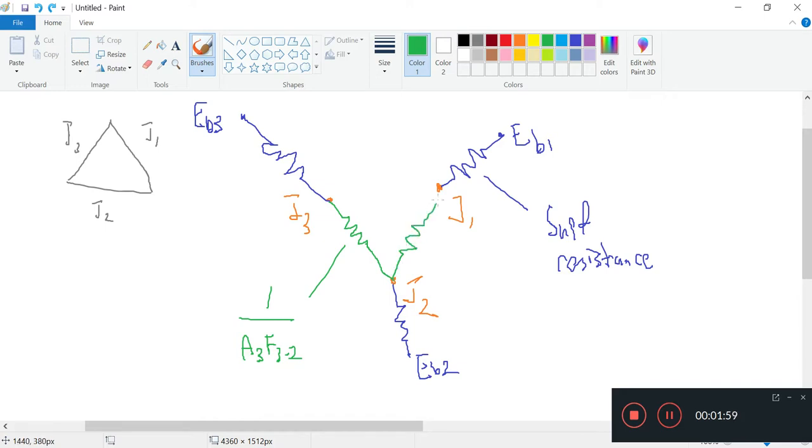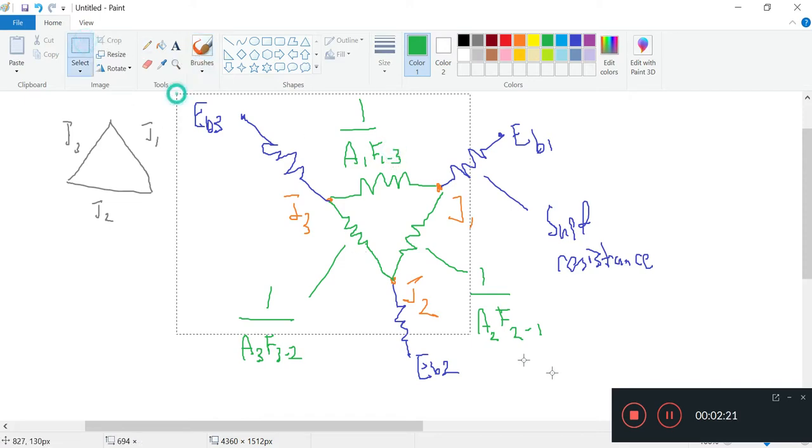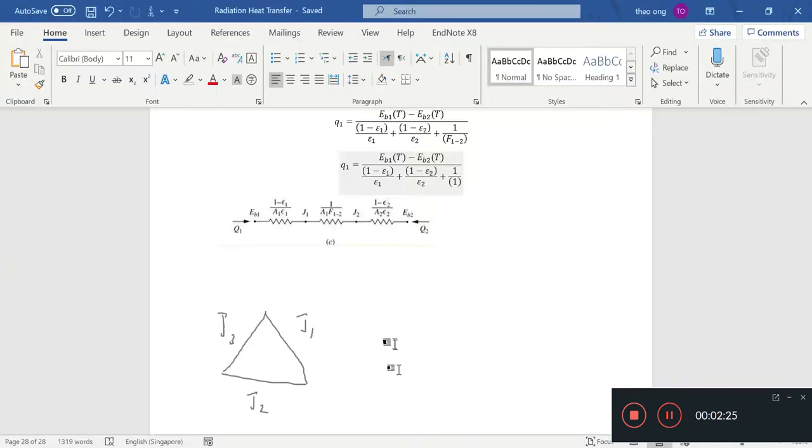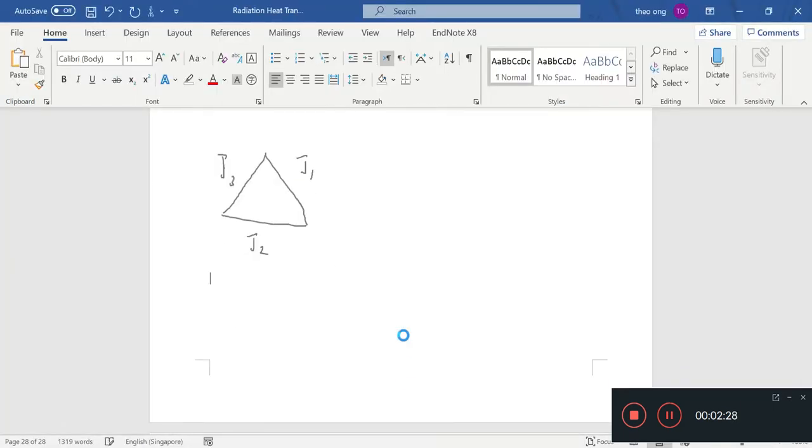This is 1 over A2 F2 to 1, and the last one, 1 over A1 F1 to 3. Of course, you can use the reciprocity rule to switch the resistances around. Reciprocity rule still applies here.